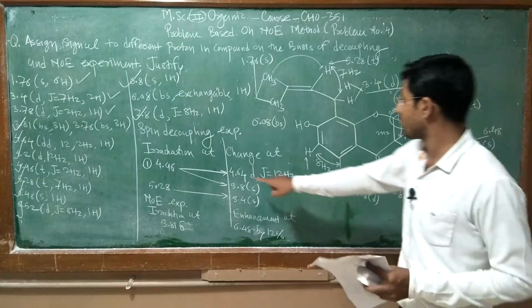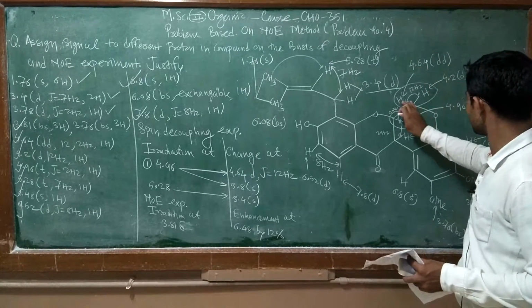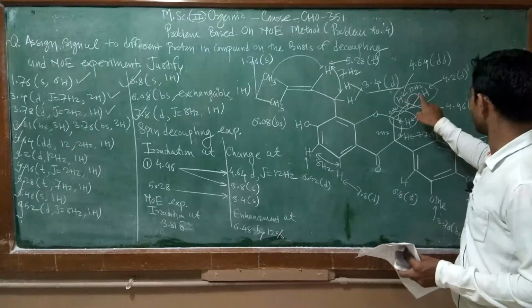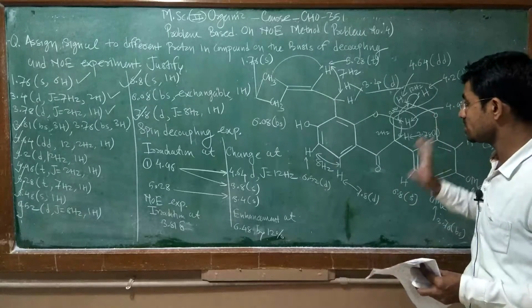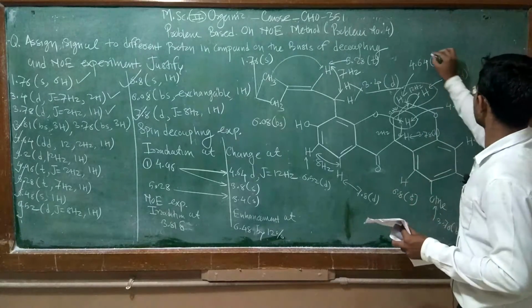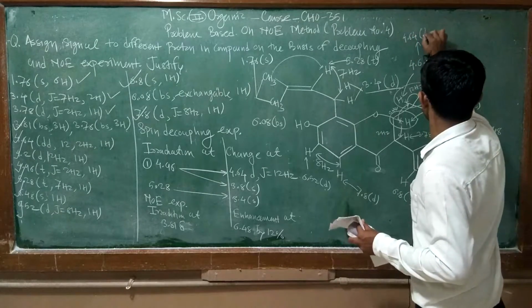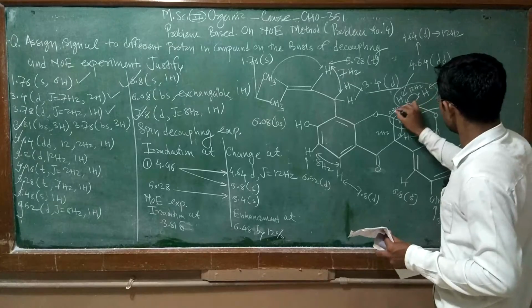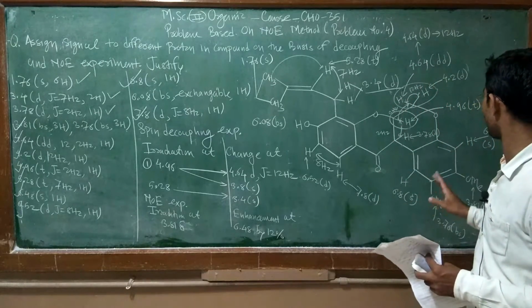The signal at 4.64, this proton that shows a doublet of doublet with 12 Hz and 2 Hz coupling, changes into only a doublet. That signal at 4.64 remains only as a doublet with 12 Hz, meaning the 2 Hz coupling with this proton is not possible because of irradiation at 4.96.